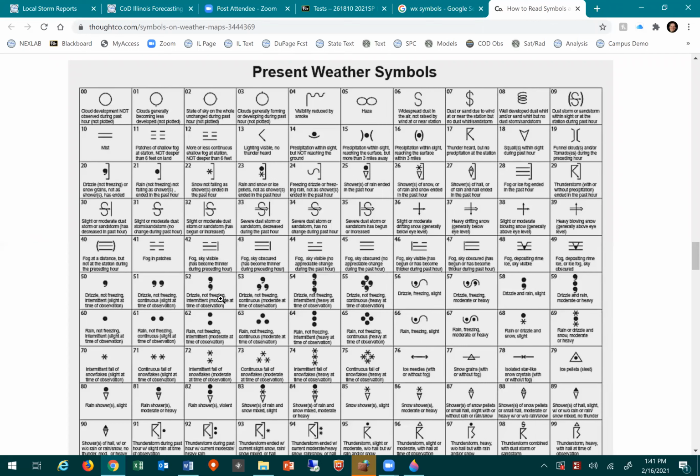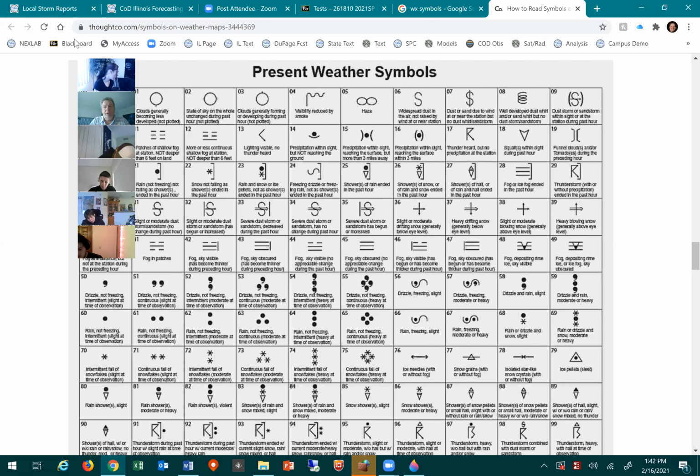And what do you call a stratus cloud that is precipitating? What do you think? What's Aaron got there? I'm not sure.